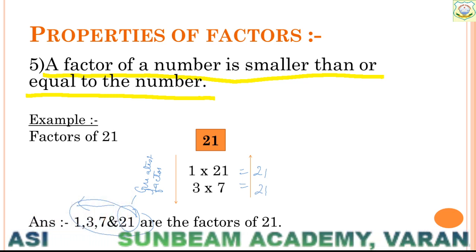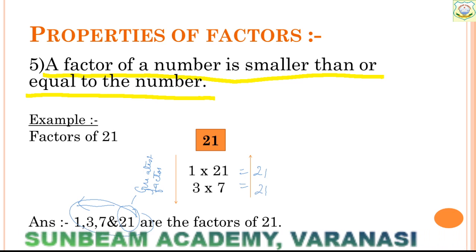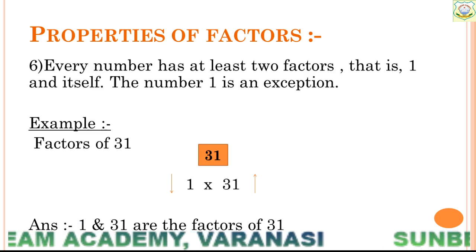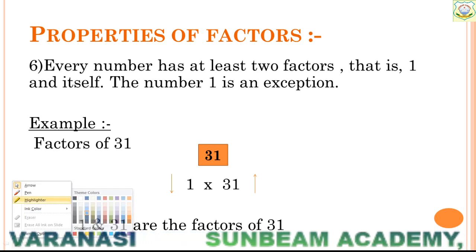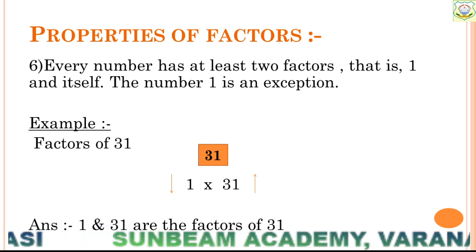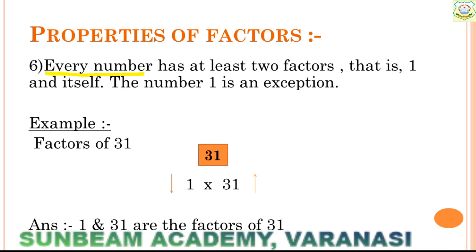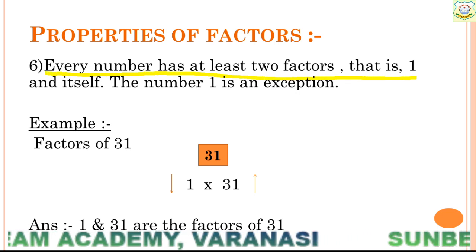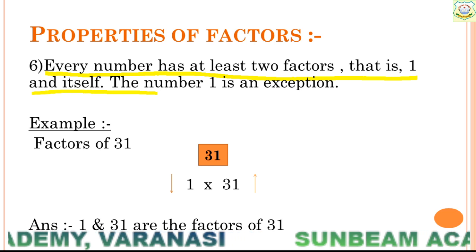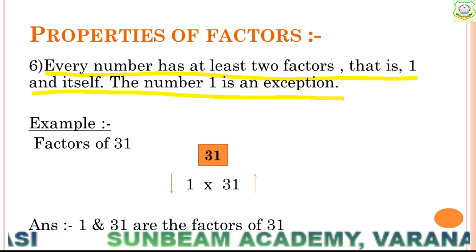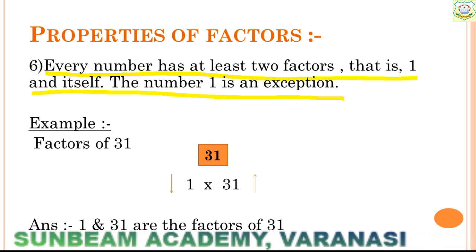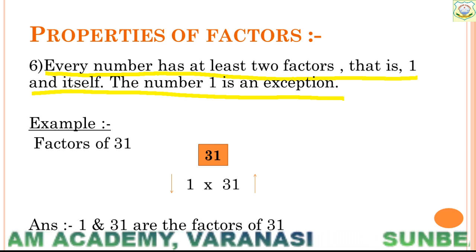So I hope this is clear to you. Okay? So now the 6th point. The 6th point is, every number has at least 2 factors, that is 1 and itself. The number 1 is exceptional. As I have told you, 1 is an exceptional number because 1 is having only 1 factor.